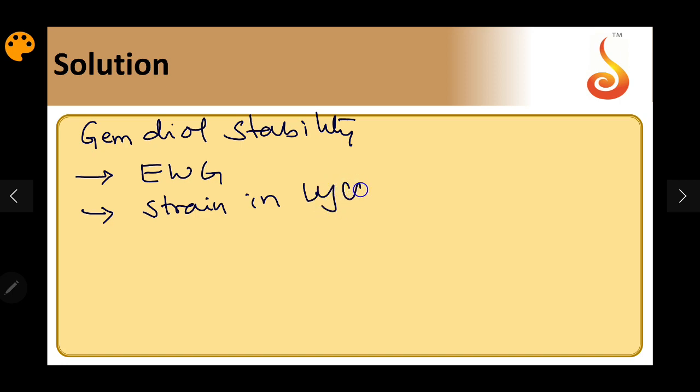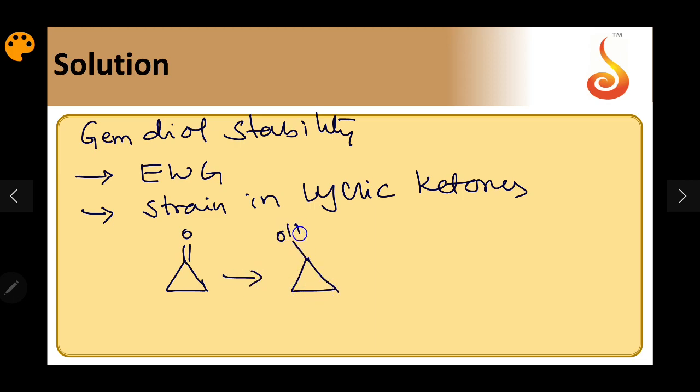In cyclic ketones, we know that cyclopropanone can exist as a gem diol very easily, OH and OH, compared to cyclohexanone converting into gem diol.